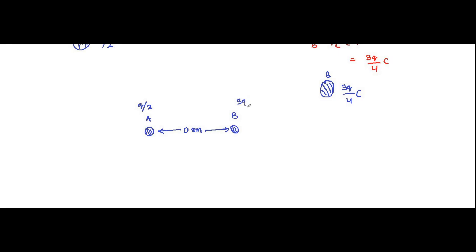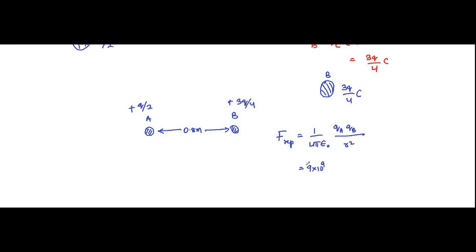So this is Q by 2, this is 3Q by 4. Now the electrostatic force of repulsion, as they are both positive, they will repel each other, so that repulsion force is equal to 1 by 4 pi epsilon 0 times QA and QB after contact by R square.